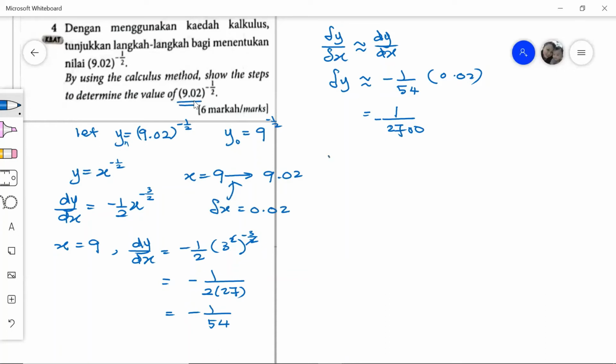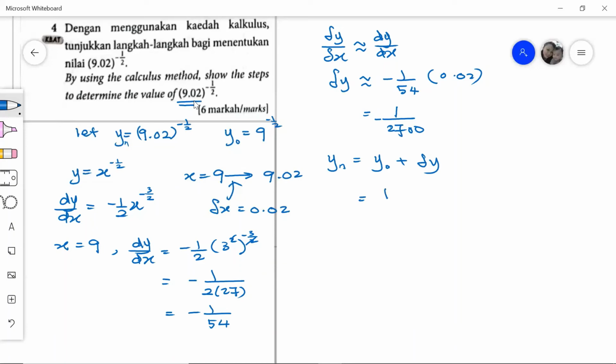Our objective is to determine the value of this. That means we are looking for the value of the new y. So we shall take the new y to equal the original y plus the delta y. Therefore, the original y is 9 raised to the power negative half.